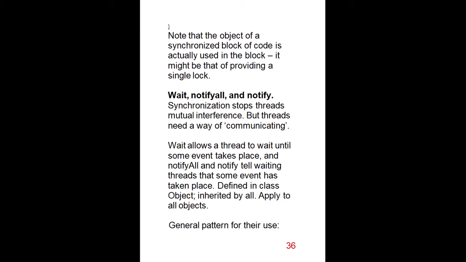But if one thread has a lock and has just released it, there must be some way of communicating that fact to a thread that's waiting on the lock. The wait method allows a thread to wait until some event takes place, and the two methods notifyAll and notify tell waiting threads that some event relevant to them has taken place.